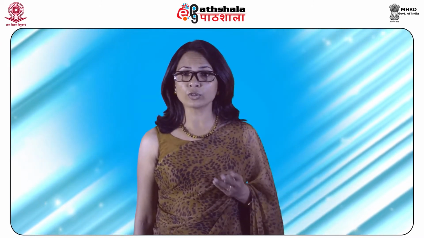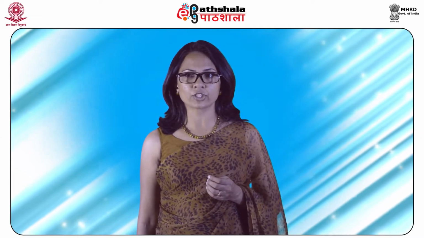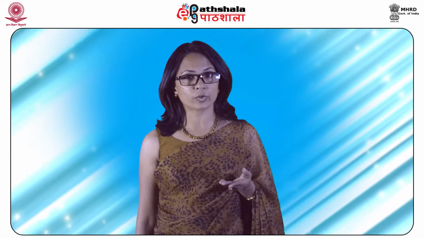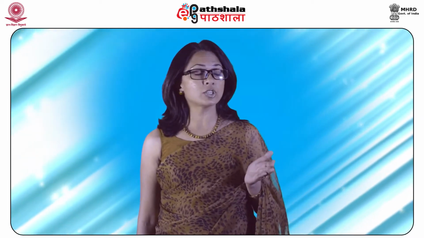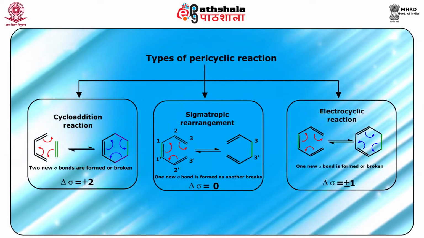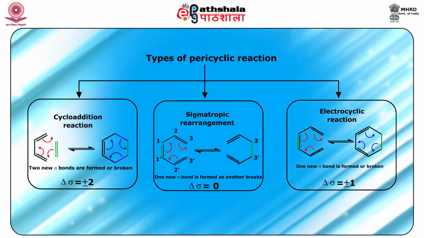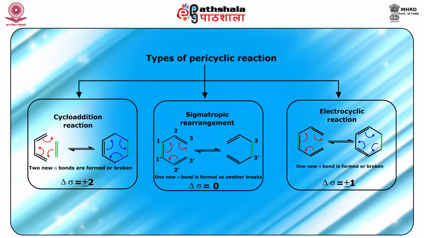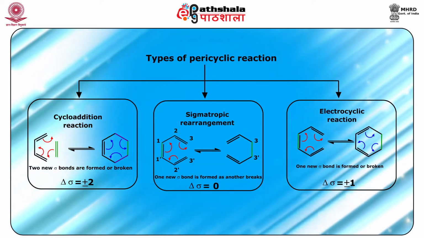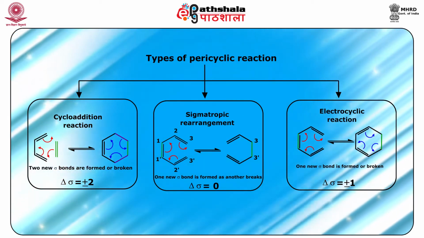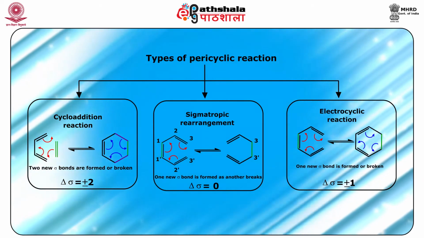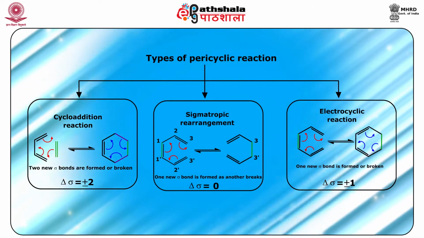Out of the 4 types of pericyclic reactions, 3 types of reactions can be distinguished by the number of sigma bonds made or broken. The following diagram gives a summary of bonds formed or broken. Let us have a look at this diagram showing the types of pericyclic reactions.